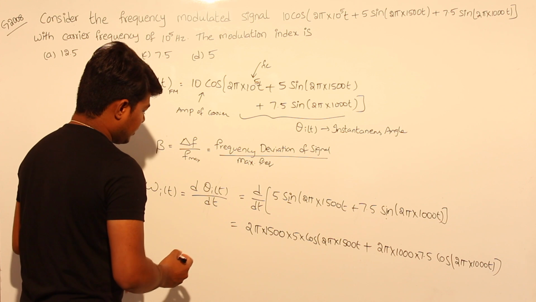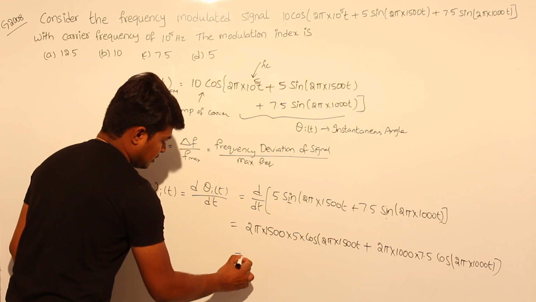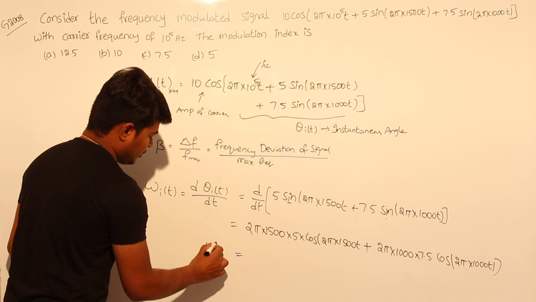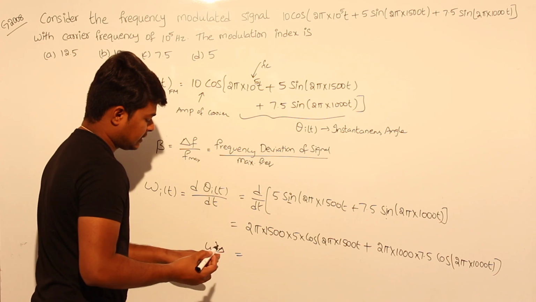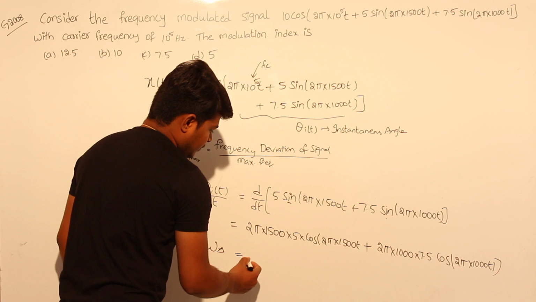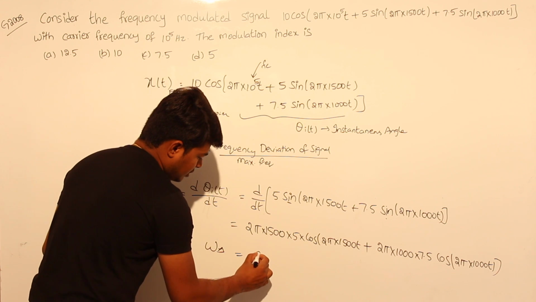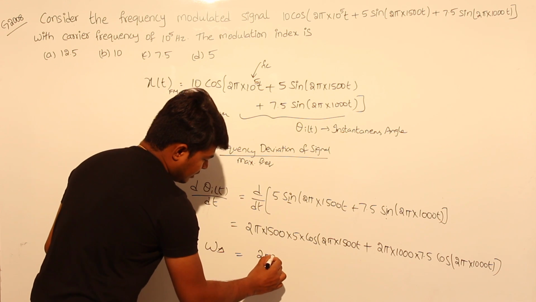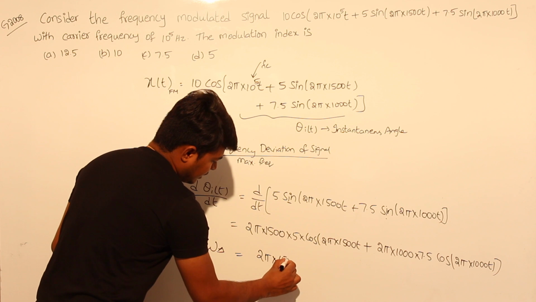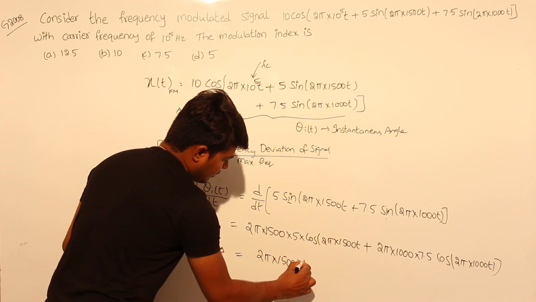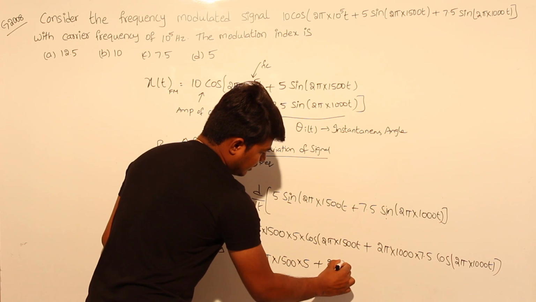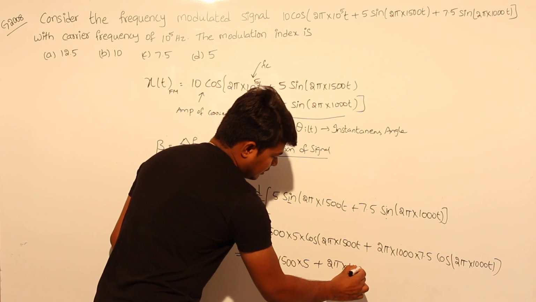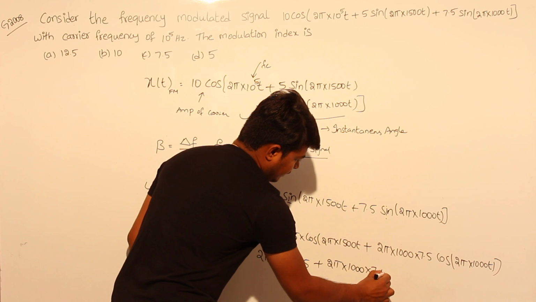Now we need to extract this omega delta, that is, delta W. We get 2 pi into 1500 into 5 plus 2 pi into 1000 into 7.5.